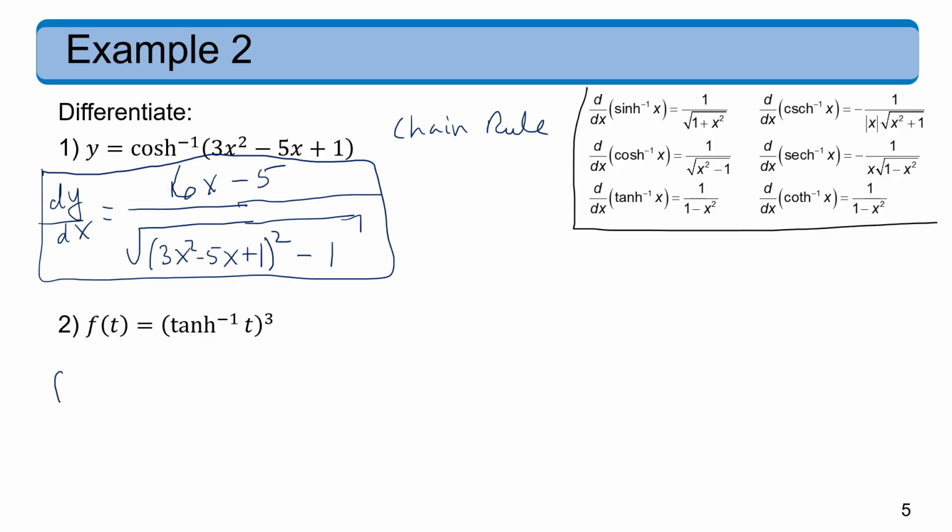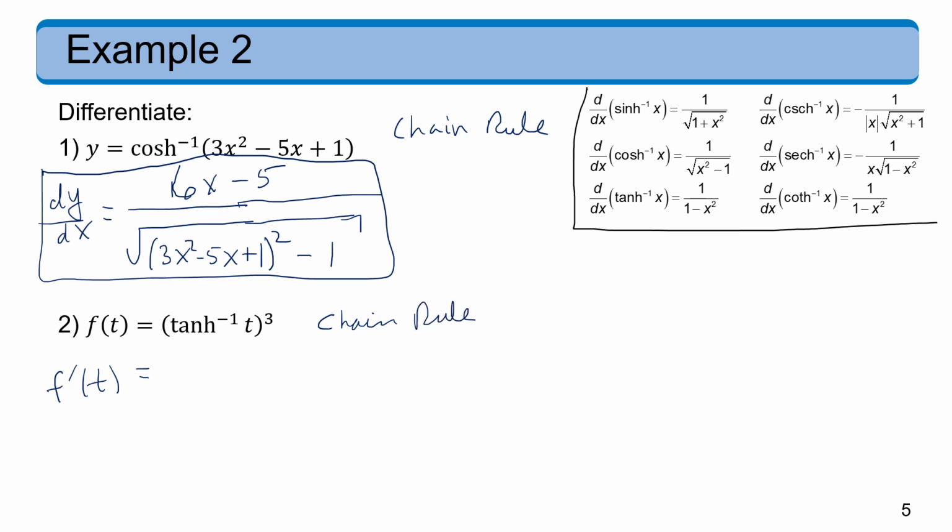So here our derivative we can call f prime of t. So you see the inverse hyperbolic tangent, but it's the inside part, right, to another function, which is the cubing function. So this is another chain rule problem, but this time the hyperbolic part is the inside part.